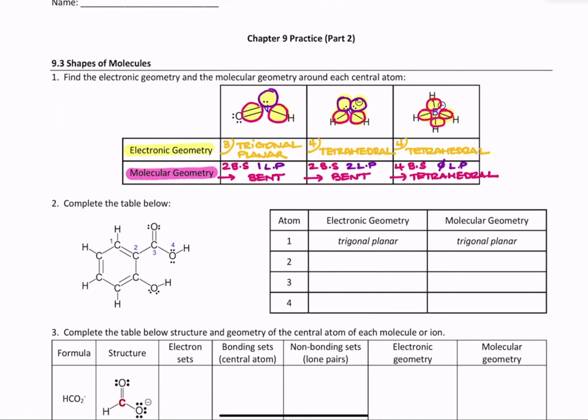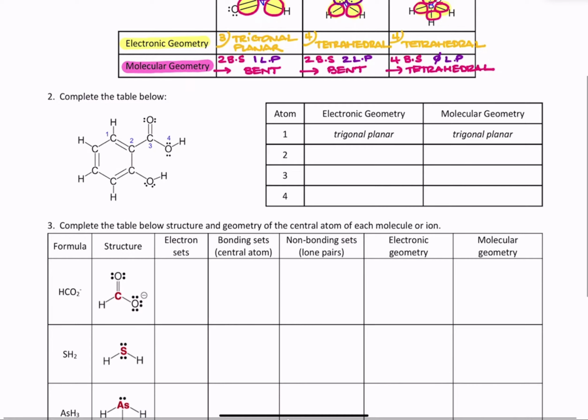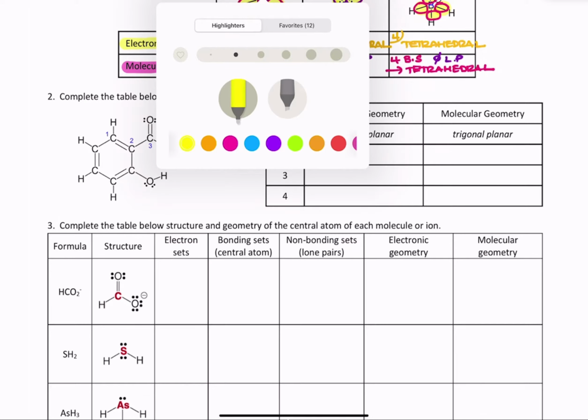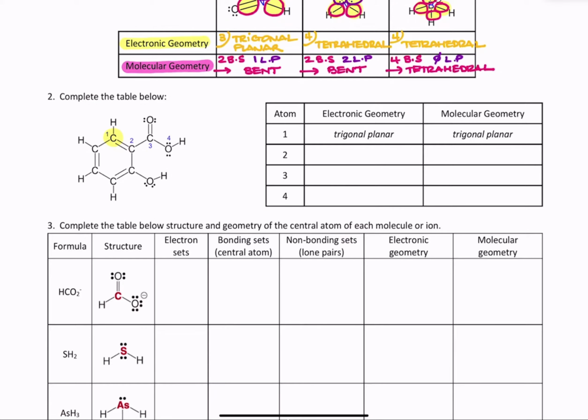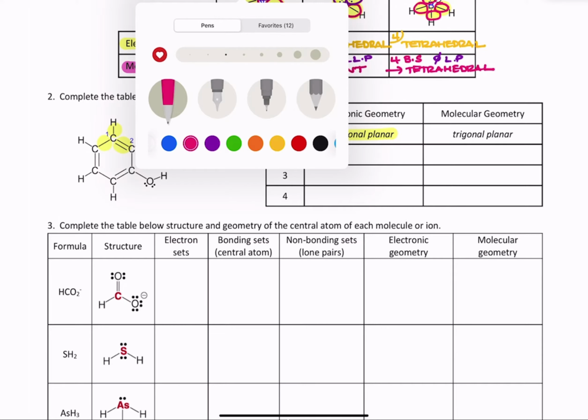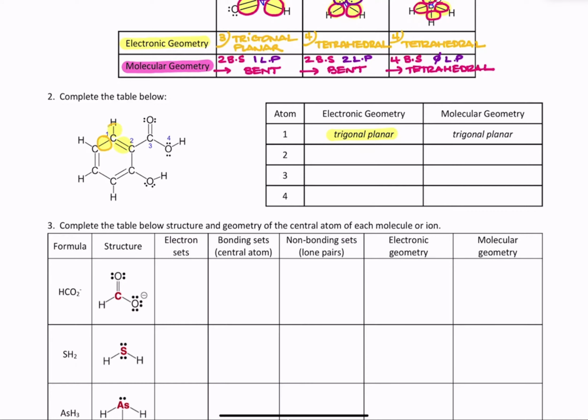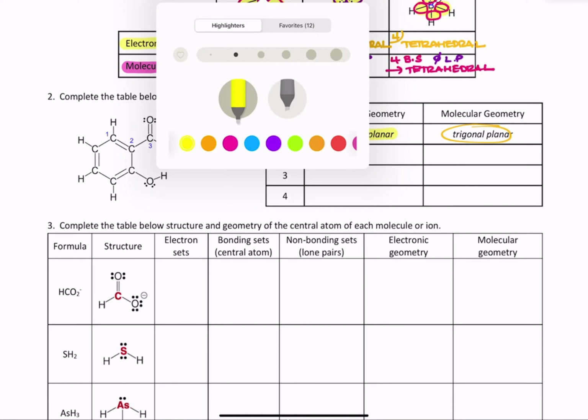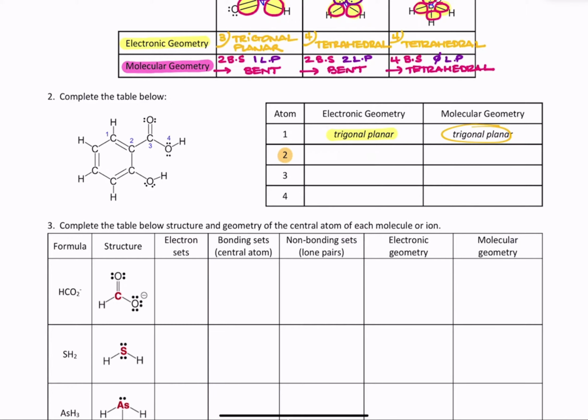Let's take a look at problem 2 now. We're given that the carbon here is surrounded by 1, 2, 3 groups. That's why it's trigonal planar. And each of these groups is a bonding set. That's why the molecular geometry is trigonal planar as well. Let's take a look at atom number 2, which is this carbon.